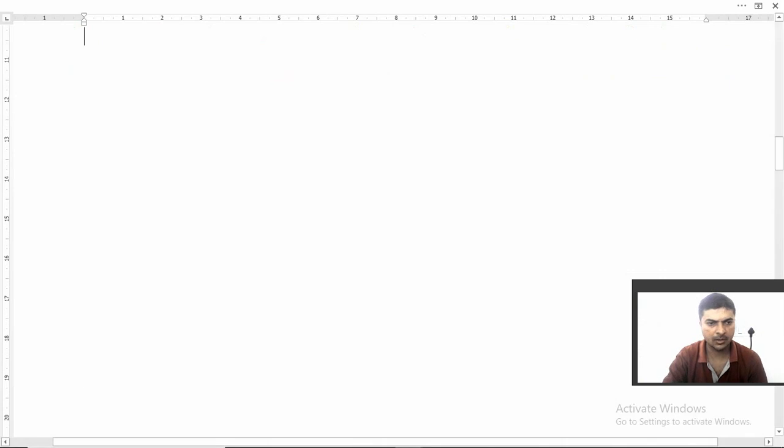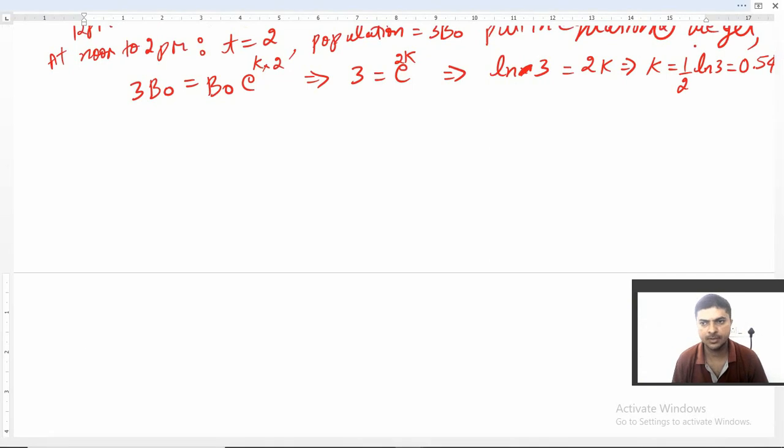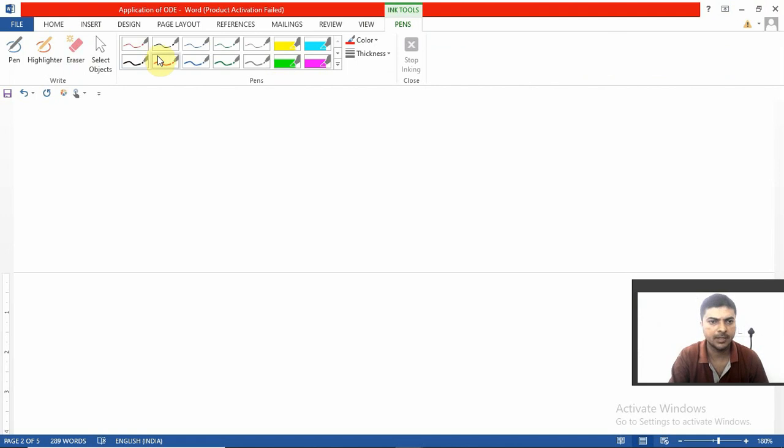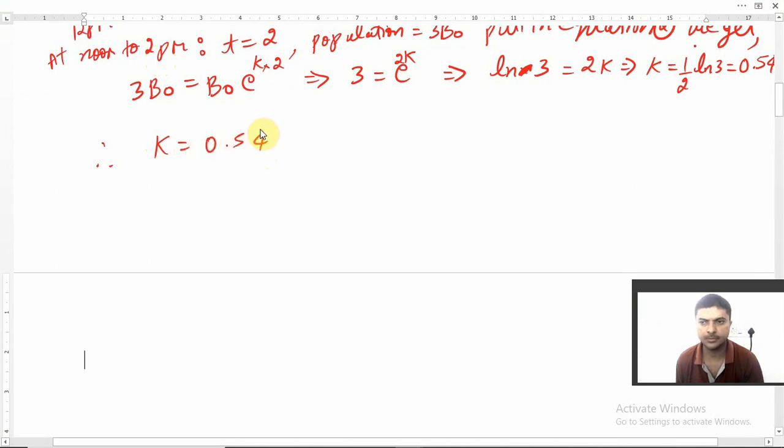So thus equation 2 becomes, so after simplifying this, just a minute, let's select the pen once again. Okay, so therefore we get k is equal to 0.54. How much have we calculated?